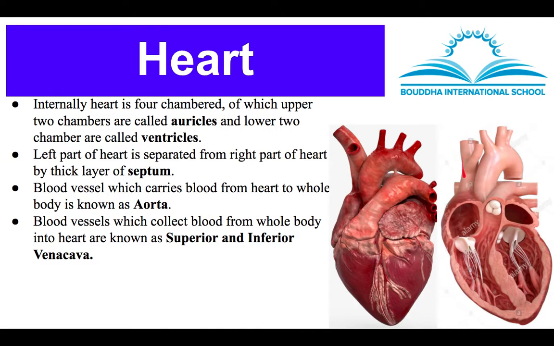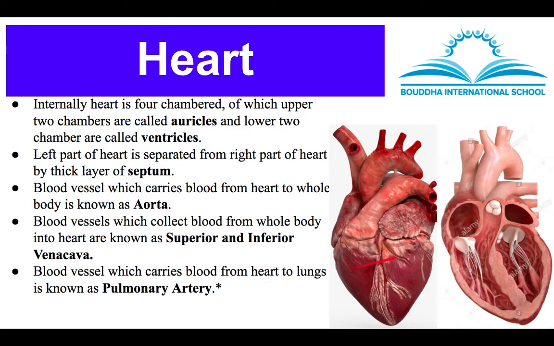Similarly, we have two blood vessels which are responsible for collecting the impure blood from the whole body. For example, this is one, and what they do is collect the blood from the whole body into the heart. They collect impure blood, and their names are the superior and inferior vena cava.